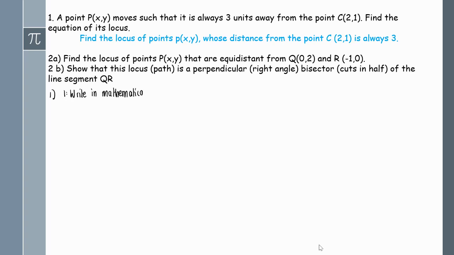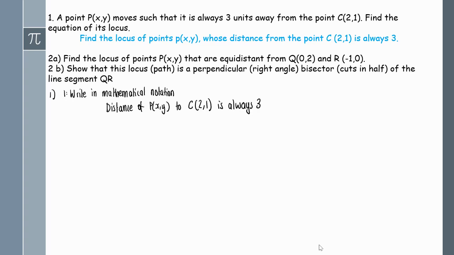Now I like to write it out in simple words first, then underneath that write the mathematical notation. So what this rule is really saying is that the distance of a moving point, P(x, y), to the point C is always equal to 3.